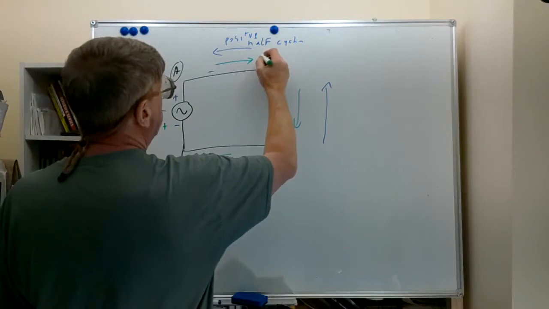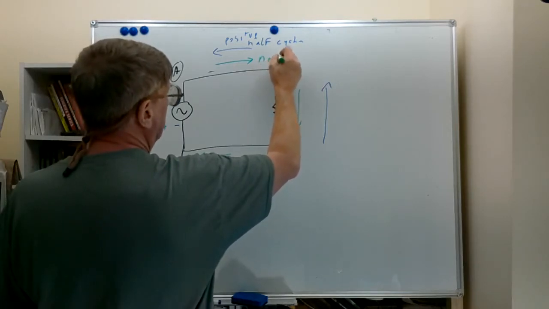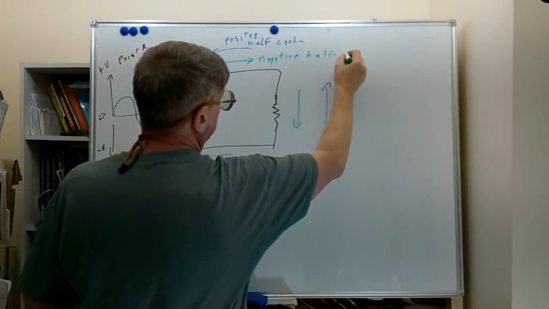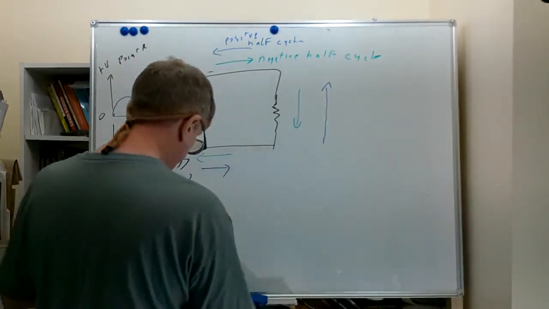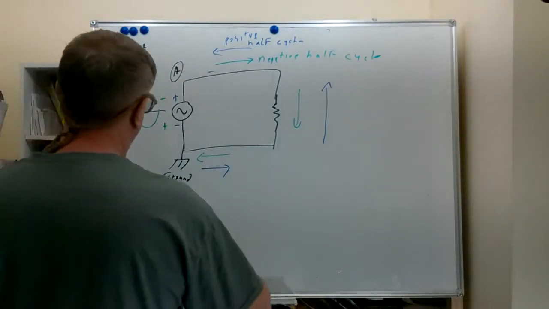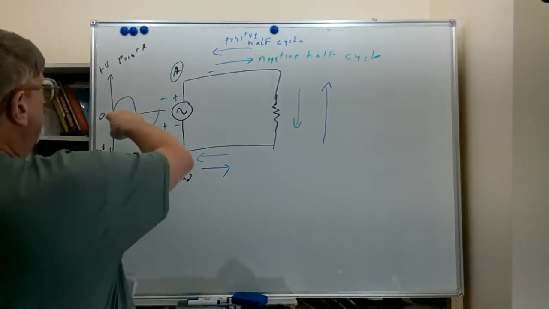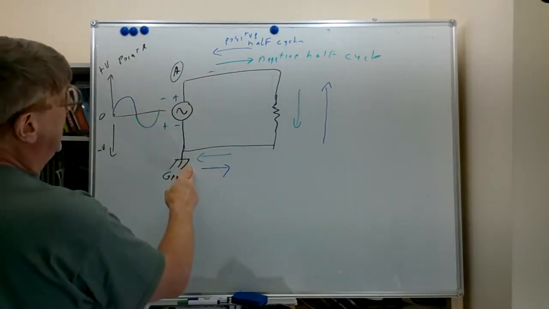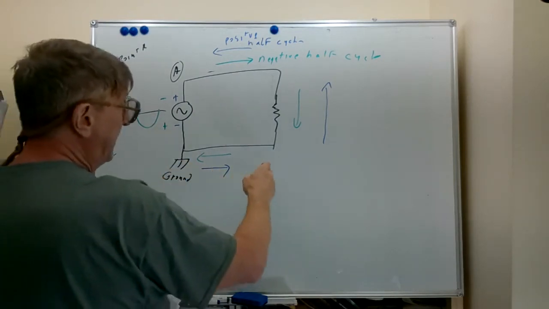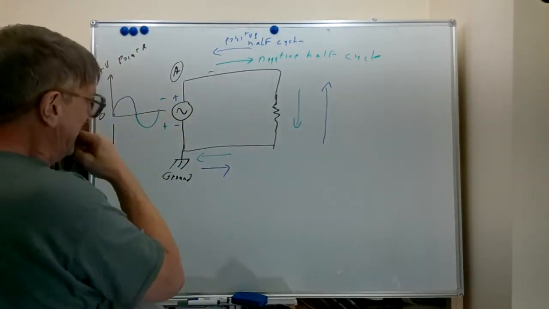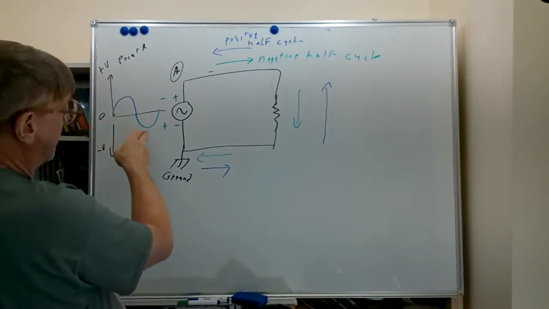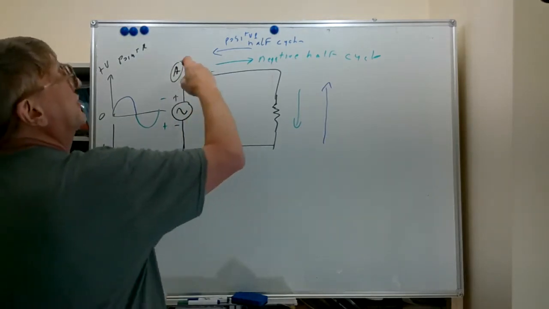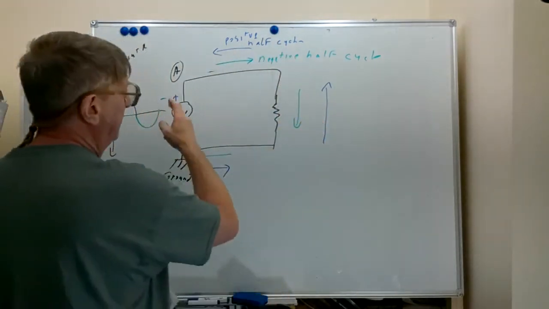And I'm going to call this the negative half cycle. So you see in this positive half cycle, point A was positive with respect to our ground here, and that led to electrons flowing counterclockwise. During the negative half cycle, which I've drawn in green, we had point A being negative relative to ground, which led to electrons flowing clockwise around this loop.